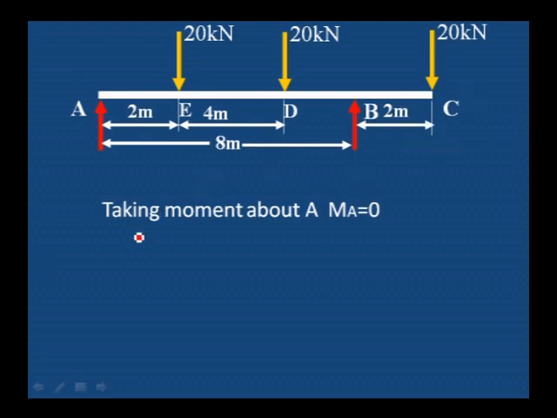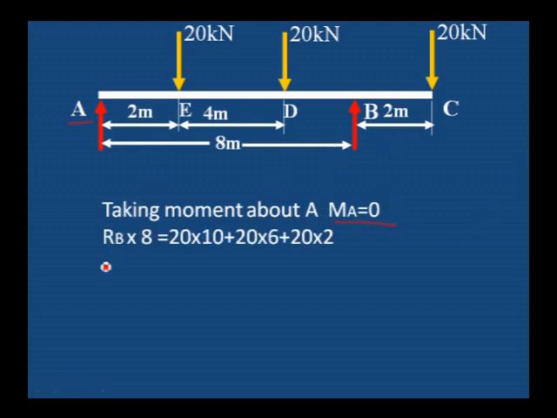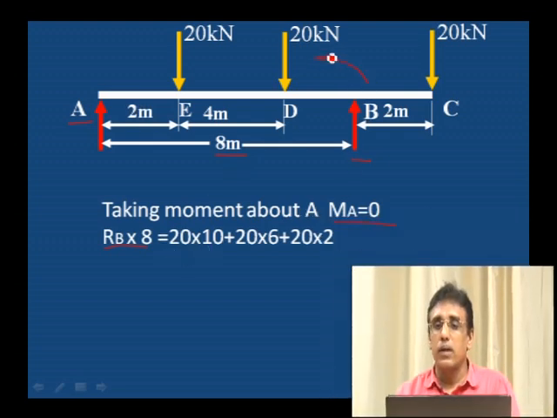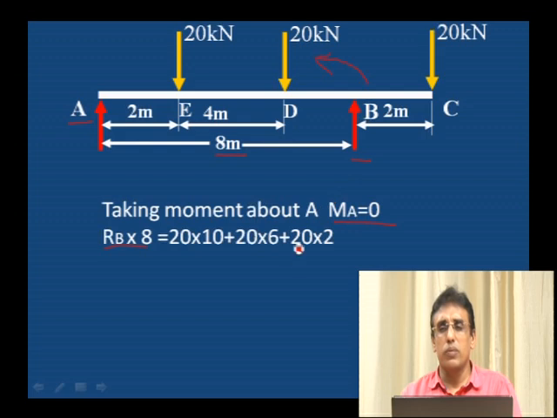Let us see how to calculate the reactions first. Since the supports are there, we have to calculate the reaction by taking moment about A. Clockwise moments are equal to anti-clockwise moments. RB into the distance 8 meter is equal to, this is the anti-clockwise moment.